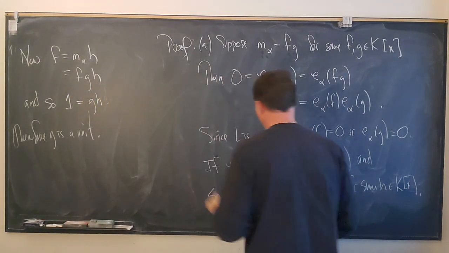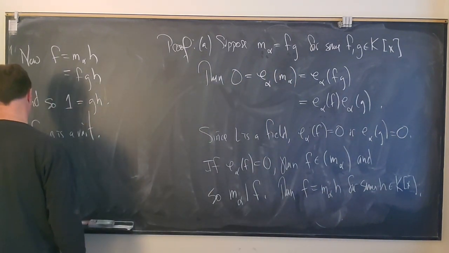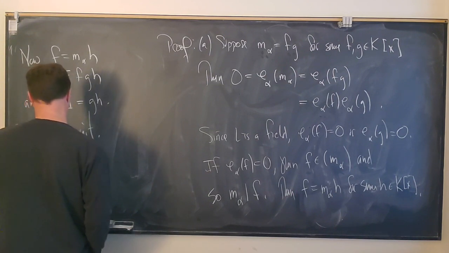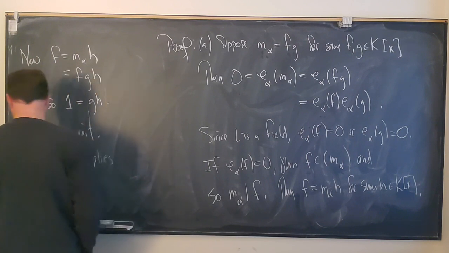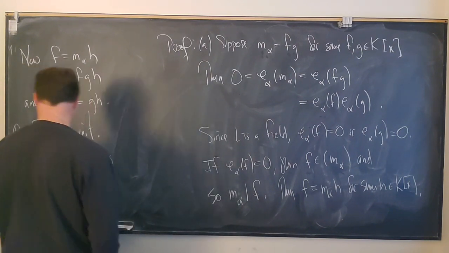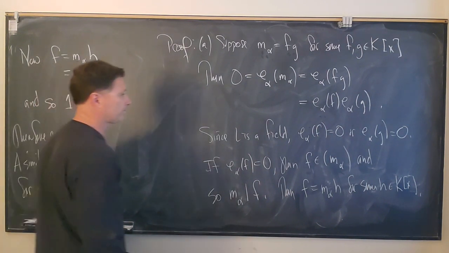We could do a similar argument. A similar argument applies in the case that E sub alpha of g is equal to 0.